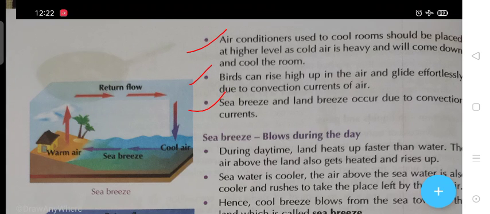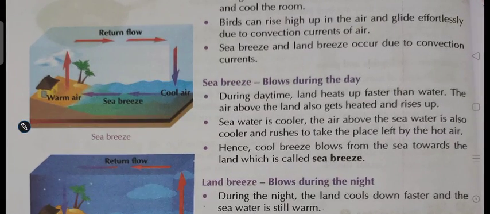Third thing, the sea breeze. So now students, the main effect of the convection method which we see is in the sea breeze and the land breeze, which occur due to convection currents. First we discuss the sea breeze. Sea breeze blows during the day.